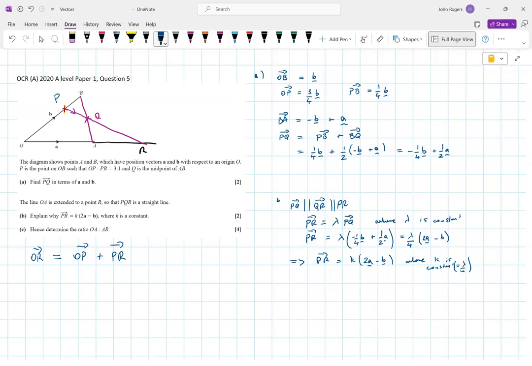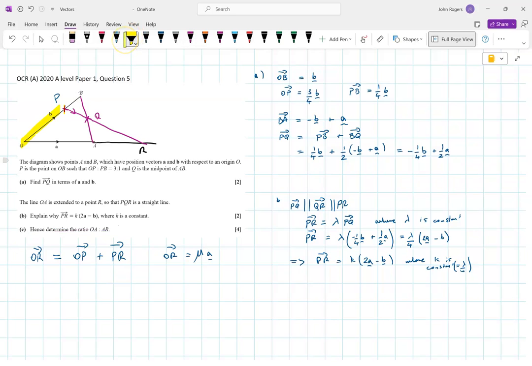But the thing is also OR is some multiple, I'll call it mu times A if you like. It's some multiple of A because it's in the same direction as OA. So OR can only have A in its representation, and that's what we're going to use because we can actually use the triangle rule on this.